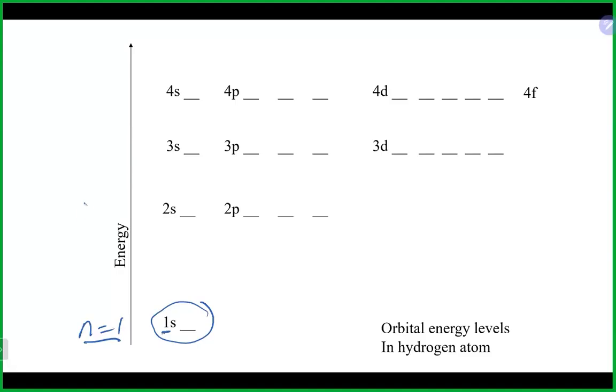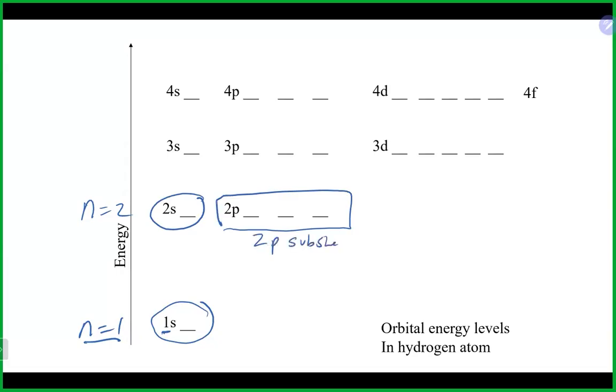When you go to the second energy level, we still have an s orbital. S orbitals are on every single energy level. But that is where we first start to see p orbitals appear, on the second energy level. That is what is referred to as the 2p subshell. The 2 here means on the second energy level.